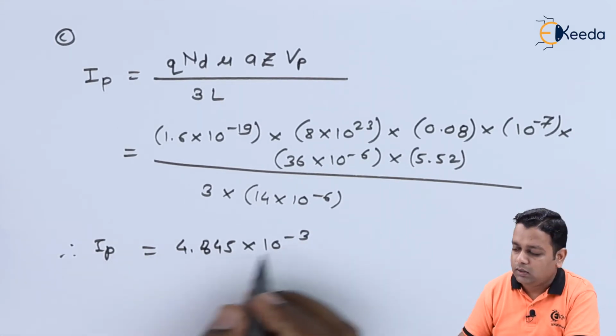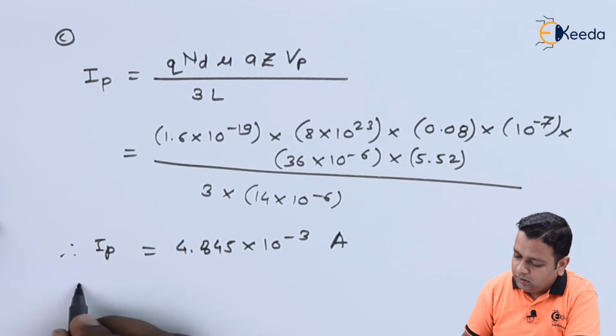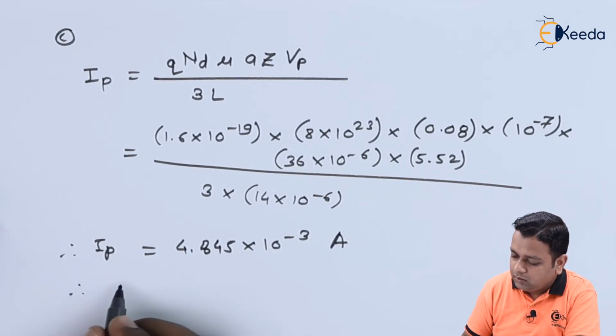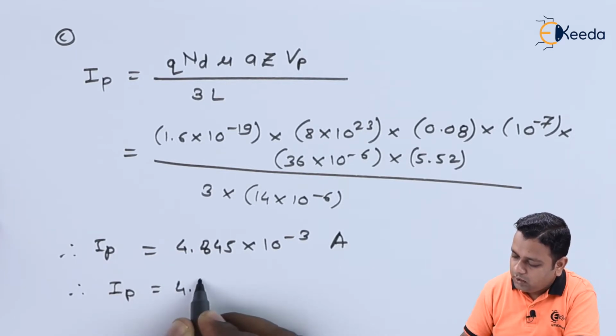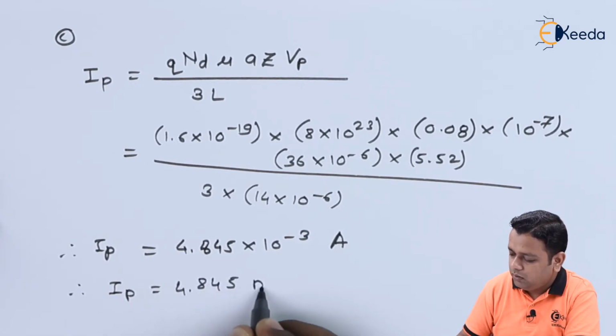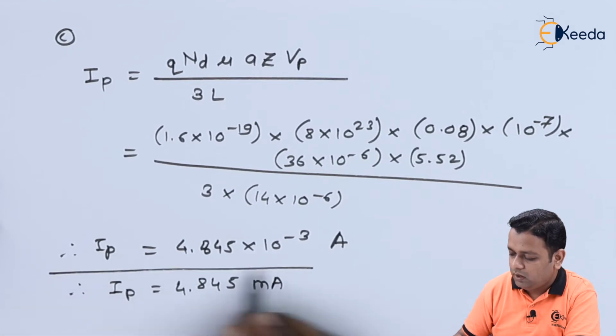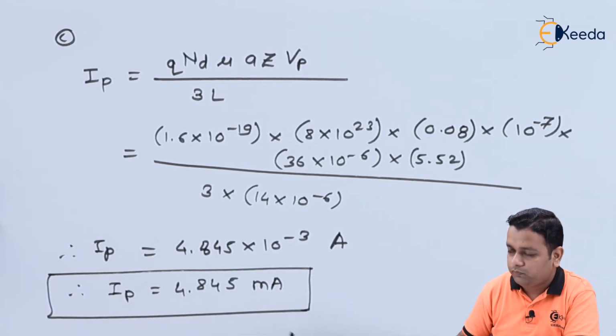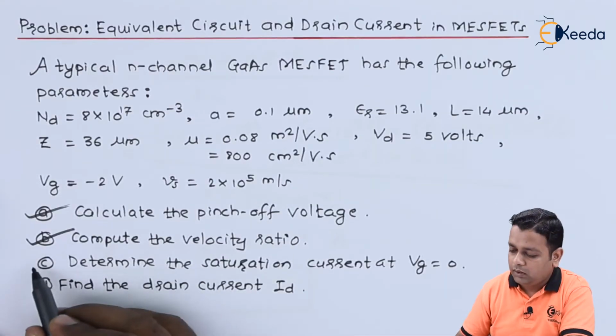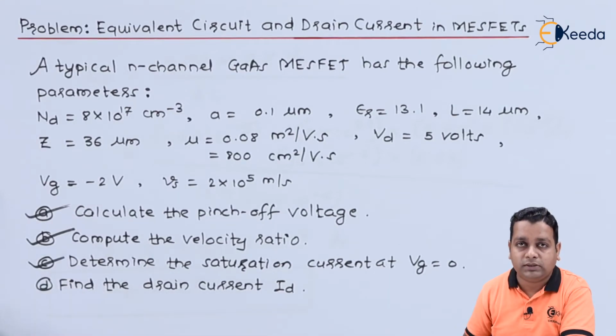As this is the current, the measurement unit should be amperes. We represent it in terms of milliamperes as IP is equal to 4.845 milliamperes. So I outline this answer. So here we are covered with the answers for part A, B, C.